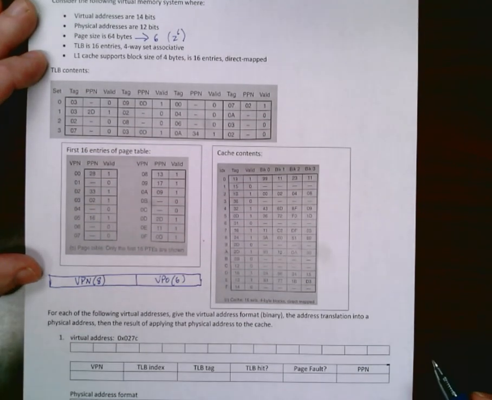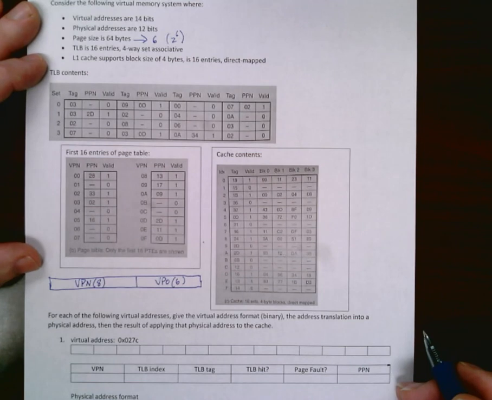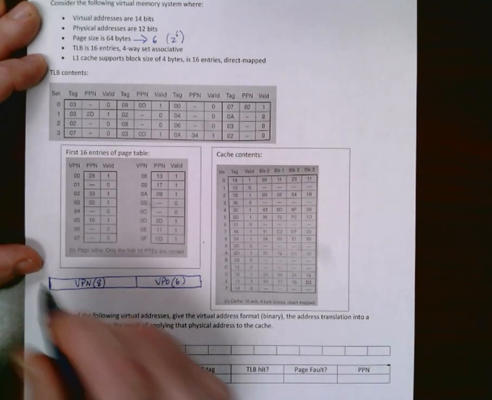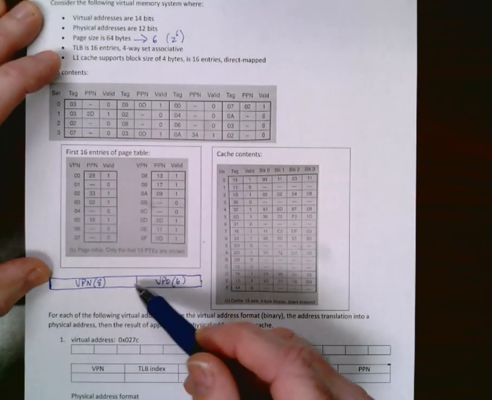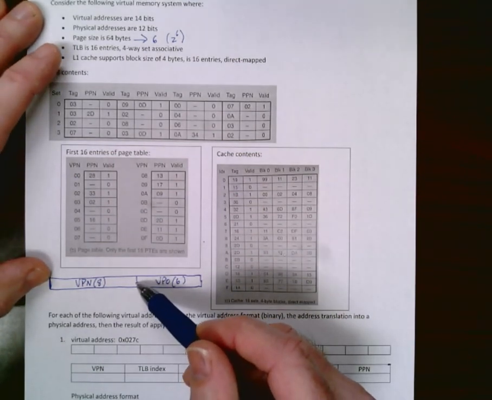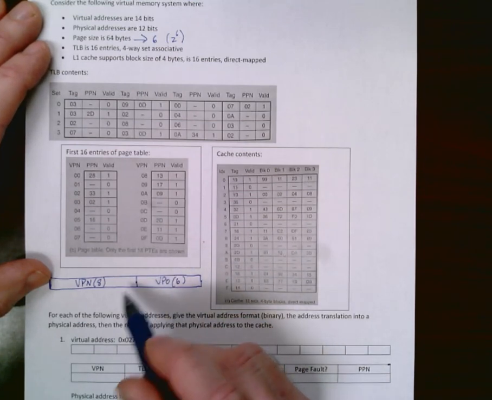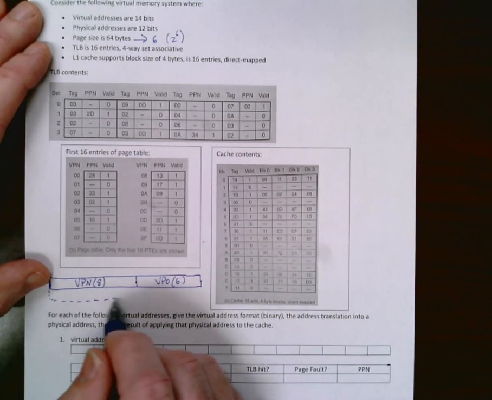Now, since we're told that the TLB is 16 entries, in order to look this up, you can either take this virtual page number and use it as an index into the page table directly, but since we have a TLB, what we're going to do first is take that virtual address and split it up into a TLB index and a TLB tag.